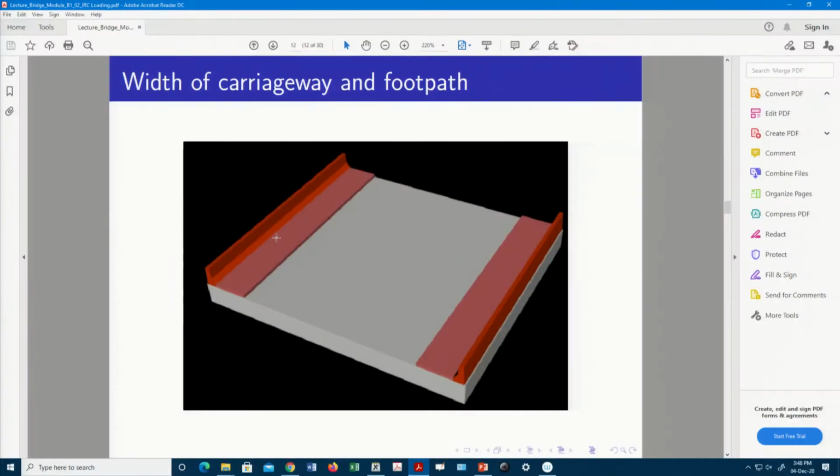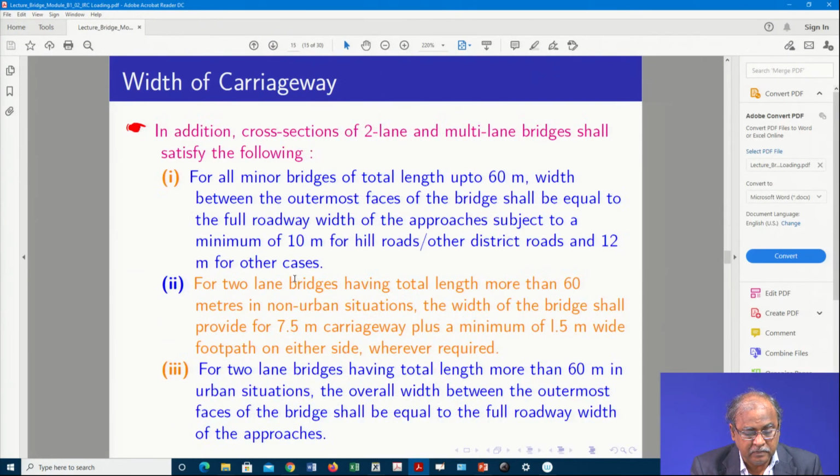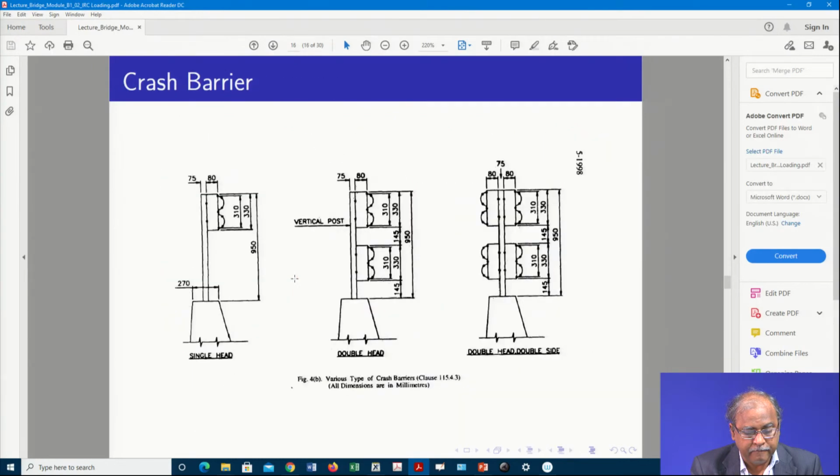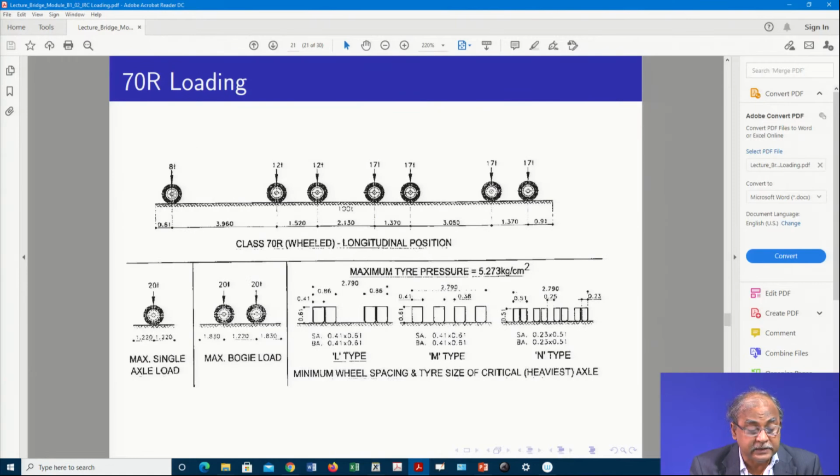Here you can see the deck and the footpath on both sides, and on the basis of that you can calculate. And this is the loading, say 8 ton, 12 ton, 12 ton, 17 ton, 17 ton.